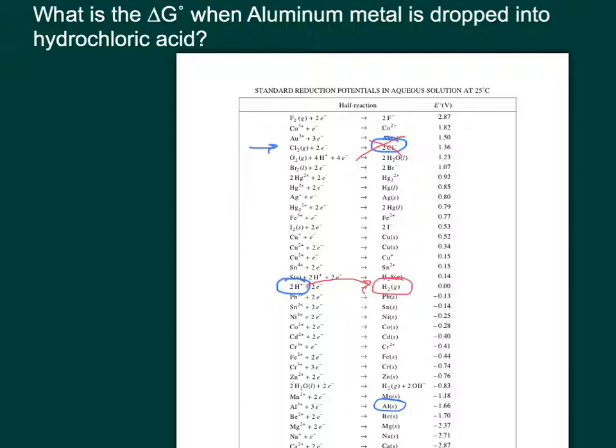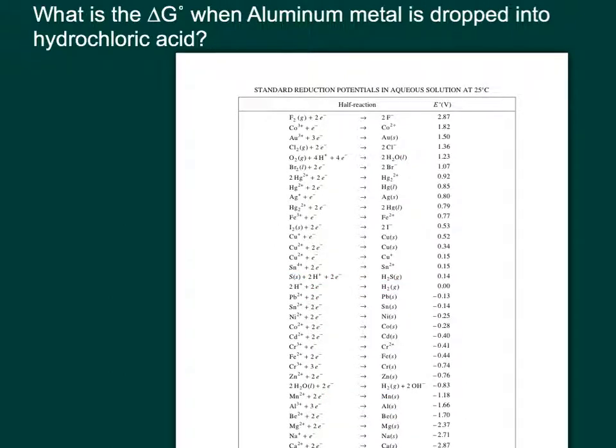And if we look down, we can see that aluminum is currently in its reduced form, and it's below, so it is going to react and be oxidized to form Al3+ at the same time, and therefore we're going to end up with a reaction taking place. So this is a spontaneous reaction.